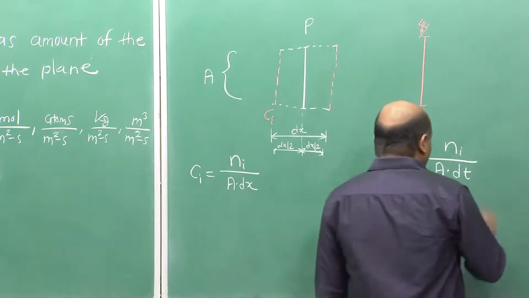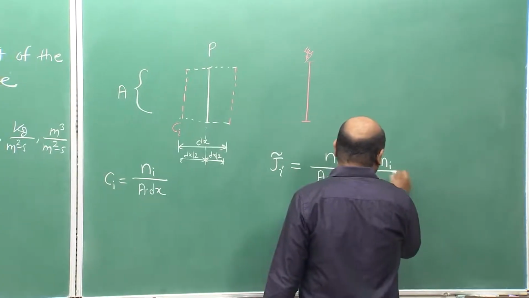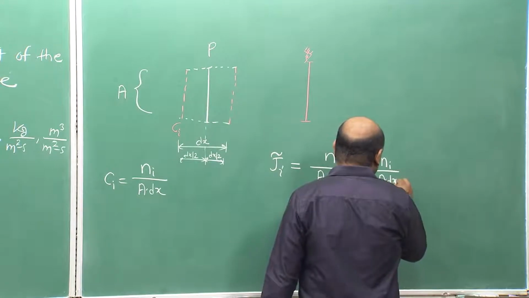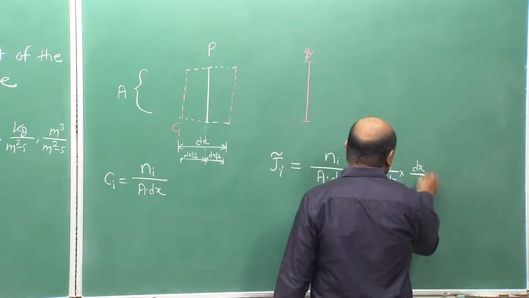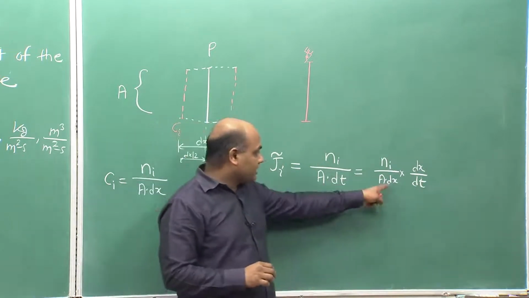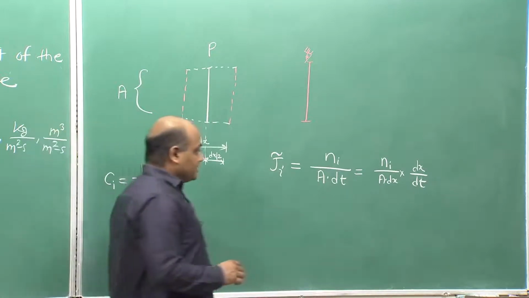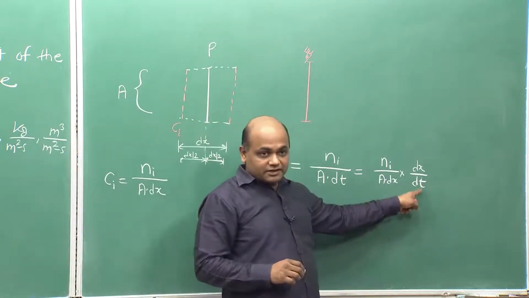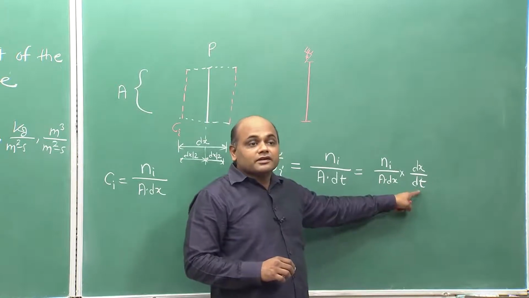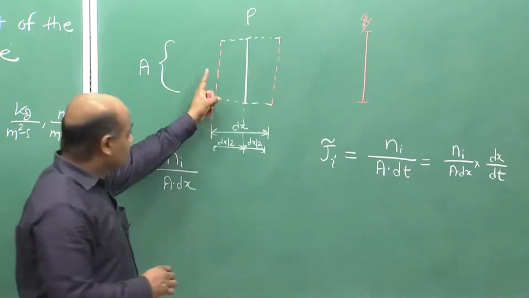If we multiply and divide by dx, we get Ni times A dx by dt. Now, we see Ni by A dx is nothing but the concentration Ci, and dx by dt, as dt tends to 0, is the velocity of this compositional front.